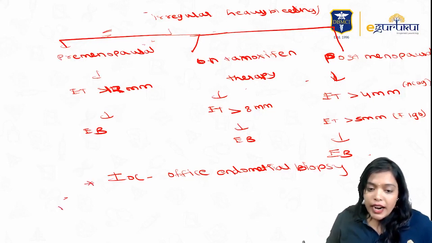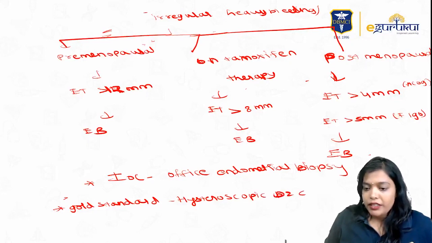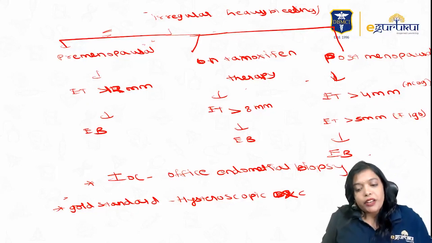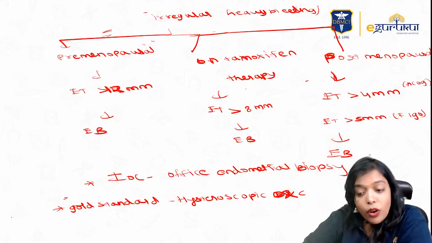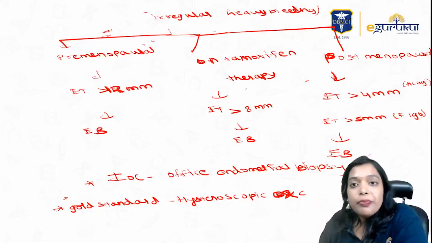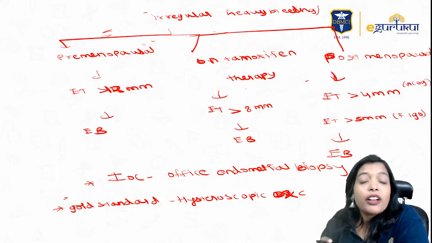Next, gold standard is hysteroscopic D&C, right? You can also do hysteroscopic D&C as a first line when it is a nulliparous woman, or when the patient is on tamoxifen therapy, or if there is a focal thickening.